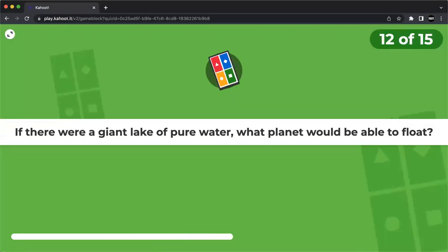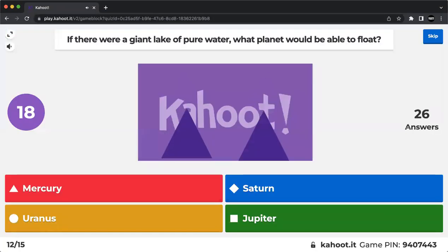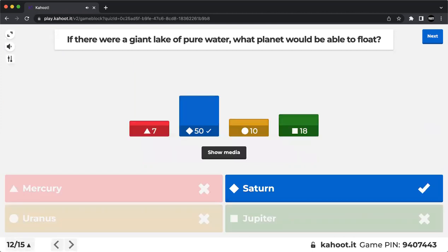If there were a giant lake of pure water, which planet would be able to float? And by giant, Samuel means really, really, really giant. It's Saturn.